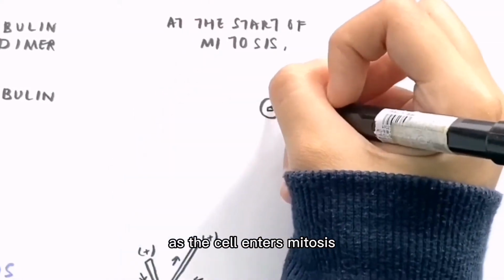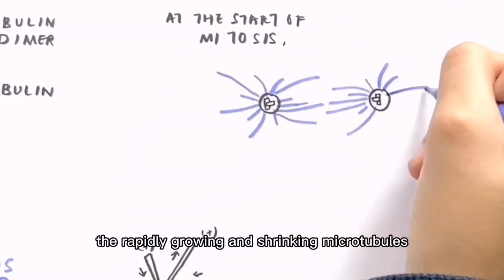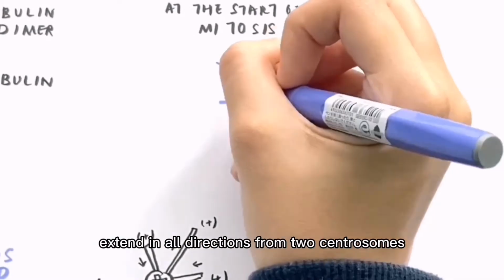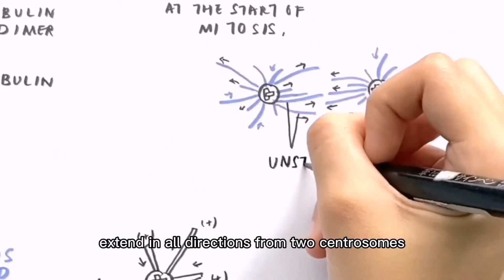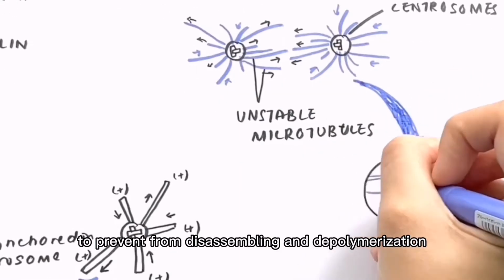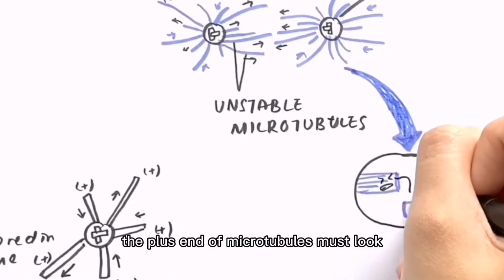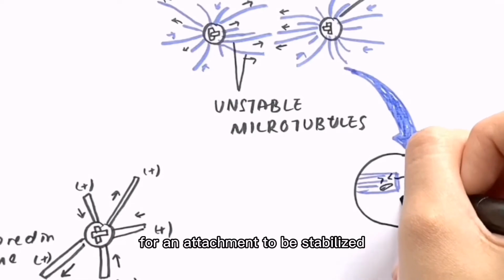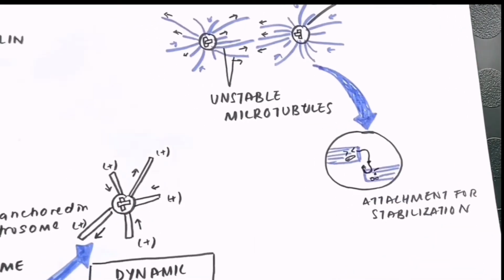As the cell enters mitosis, the rapidly growing and shrinking microtubules extend in all directions from two centrosomes, exploring the interior of the cell. To prevent disassembling and depolymerization, the plus end of microtubules must look for an attachment to be stabilized.